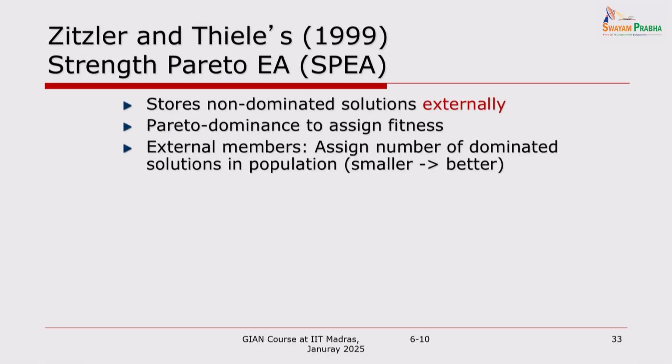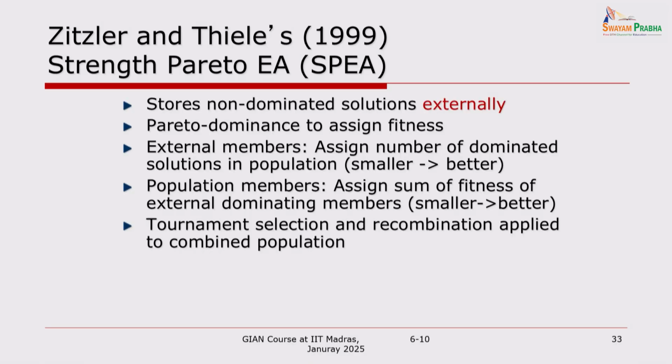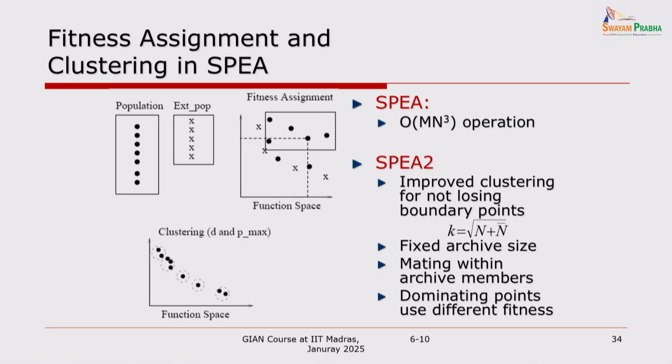Very briefly, SPEA is different from NSGA-II, but it's also elitist. I'm just going to show you with this example. Here is a population like we have in NSGA-II also, but they have an external population with all the good solutions in it. Then they assign a fitness to the external population by looking at how many solutions each of these X in this population dominate, and then based on the strengths of each of these, they assign a fitness to this.